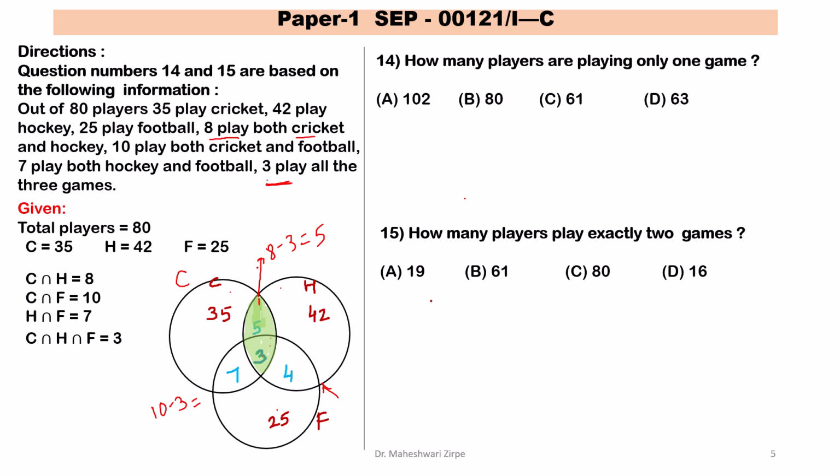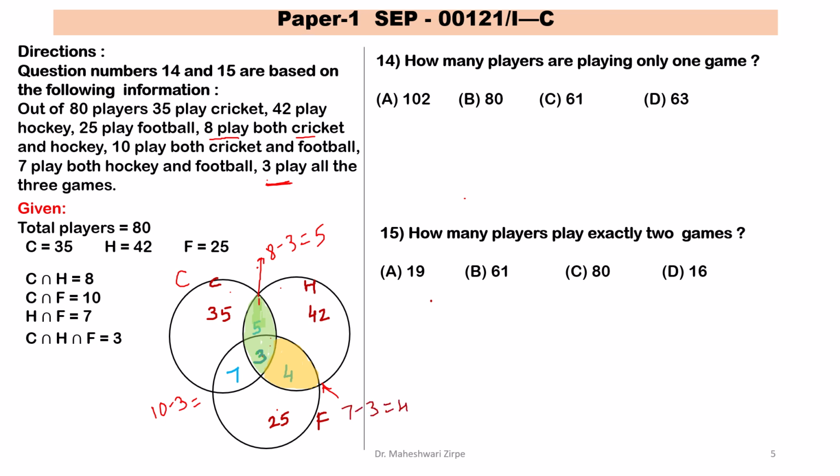The orange shaded part tells you that these are only those players who are playing football and hockey. So 4 indicates that: 7 minus 3 comes out to be 4.